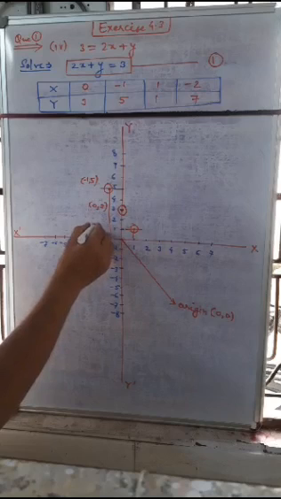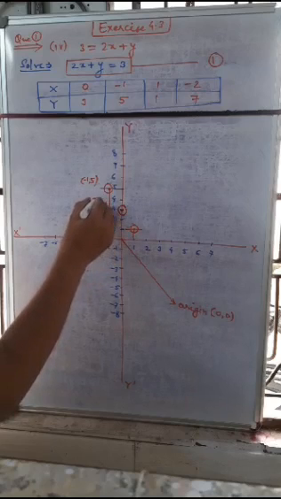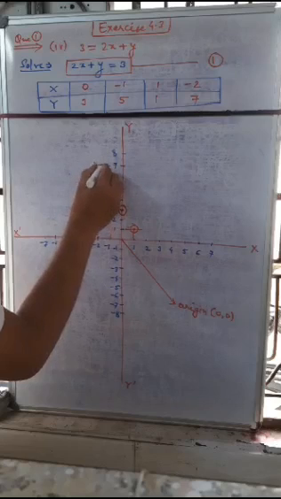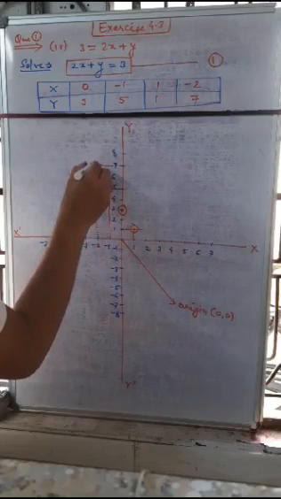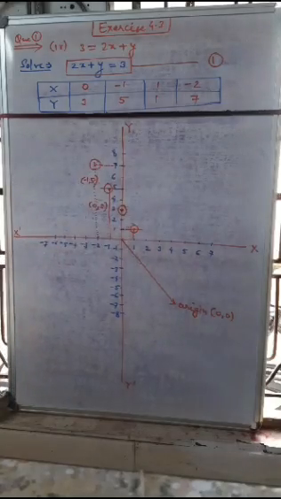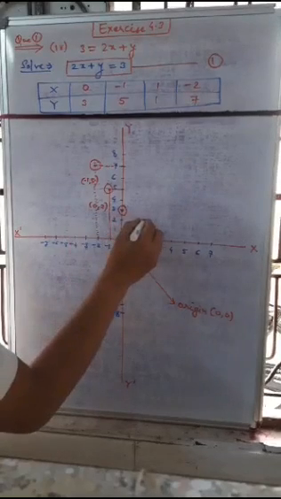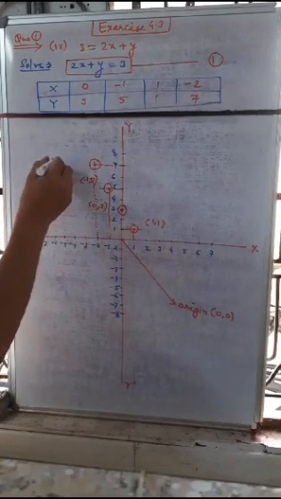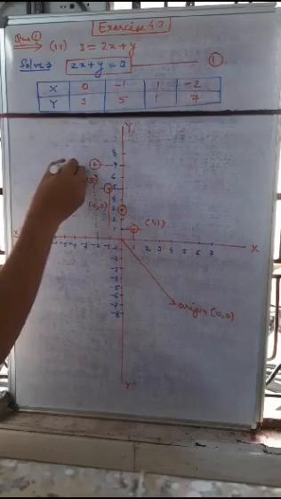So how to get the point? On graph paper you can draw very easily, there is no problem. But on plain paper there is a little problem, but we are doing practice, that is more important. 1, 1 is situated here on this point, and this is the point minus 2, 7.